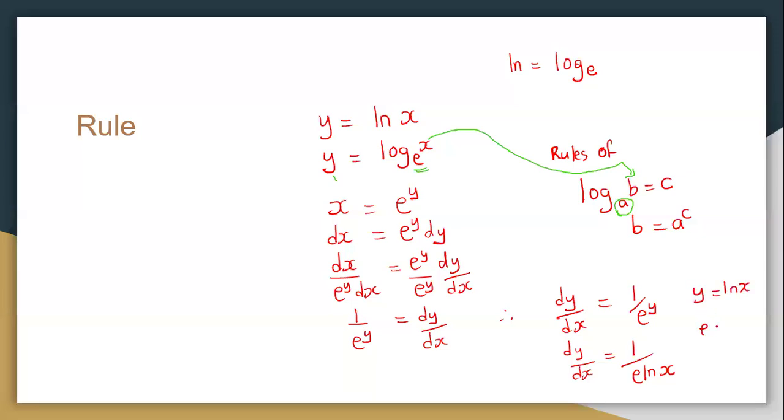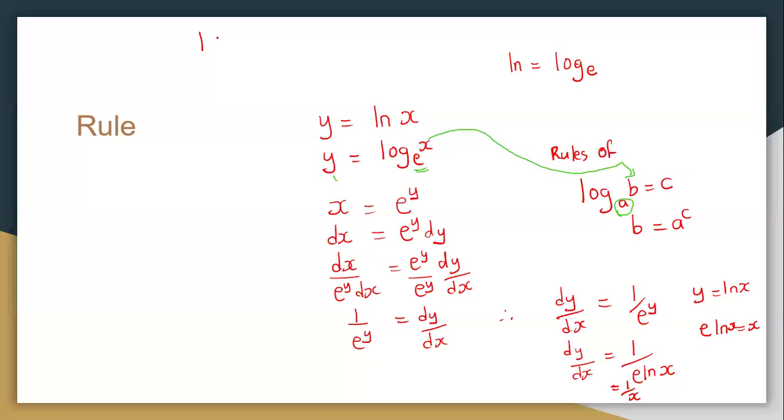But whenever you have e natural log of anything, you can even try your calculators, you still get that same thing. So e natural log of x is the same thing as x. So here we shall continue and say this is the same as 1 out of x.